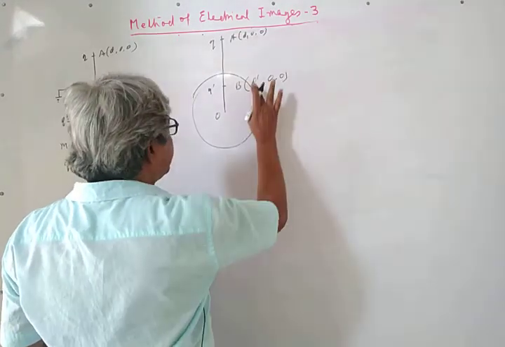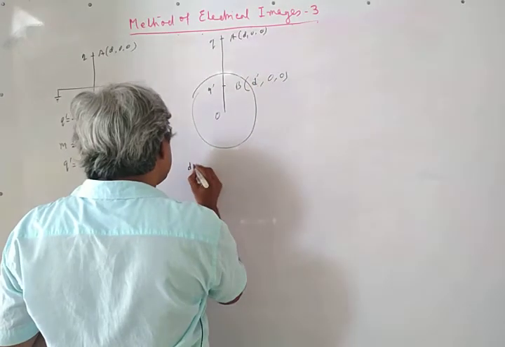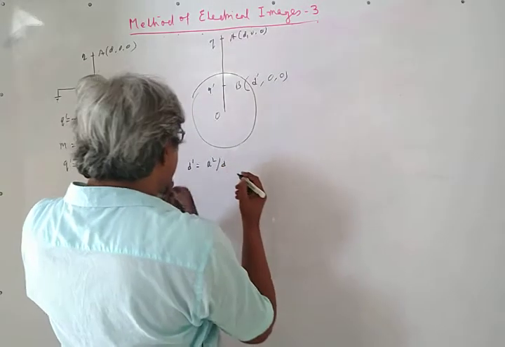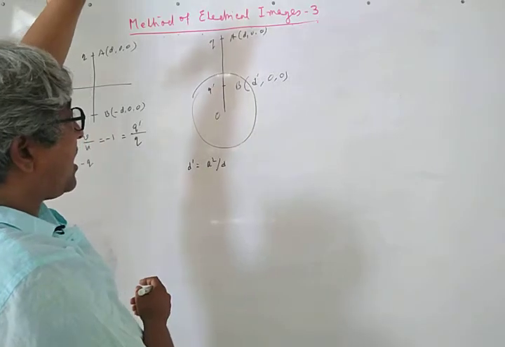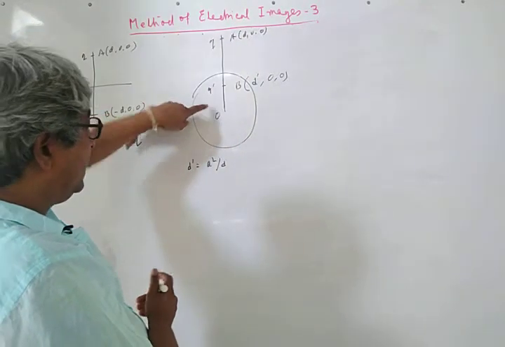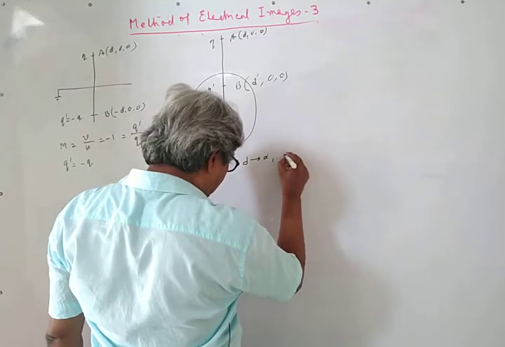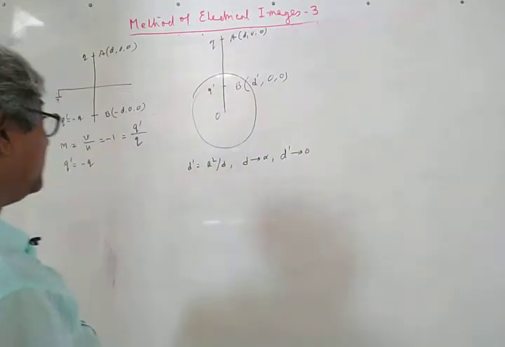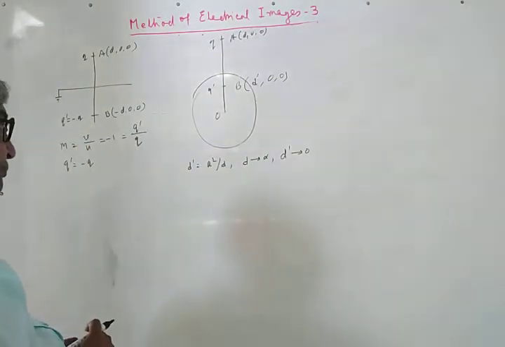And our earlier study says that d prime is a square by d. That is, if the inducing charge is taken much away from the conductor, then as d goes to infinity, d prime goes to 0. This is one of the important properties of the image charge.